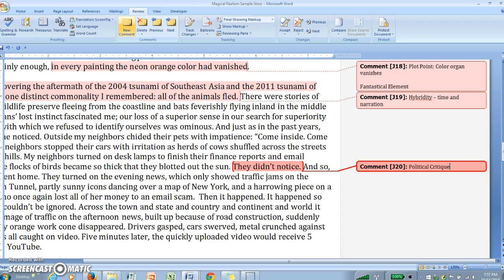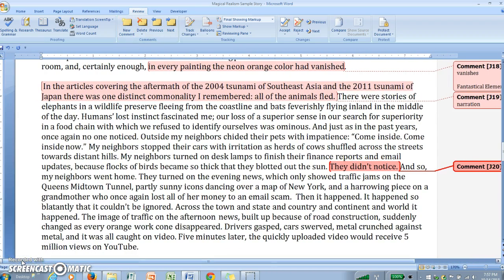And so this author is very critical about the human's inability to detect things that animals with instincts can detect. And he's kind of criticizing how we think we're superior when we have a lot of inferiorities towards animals with instincts. Then we see this political critique again when he writes, "5 minutes later, the quickly uploaded video would receive 5 million views on YouTube."